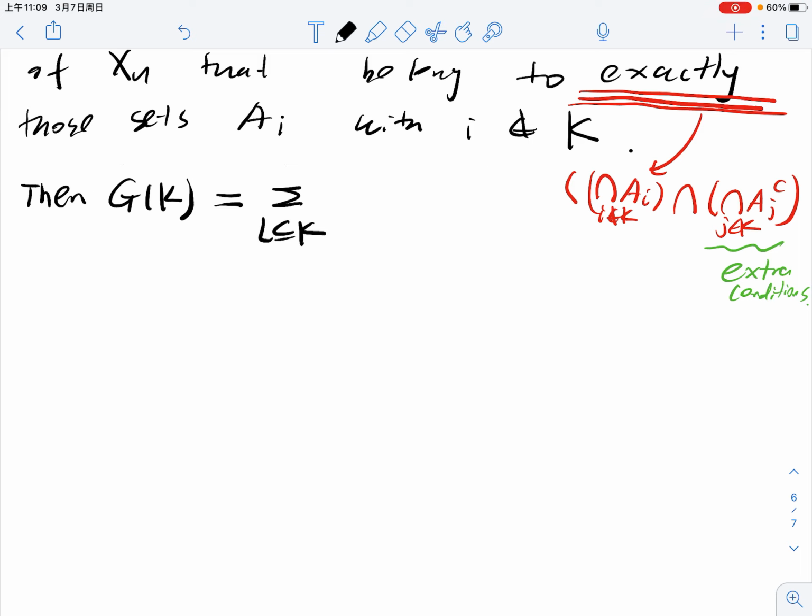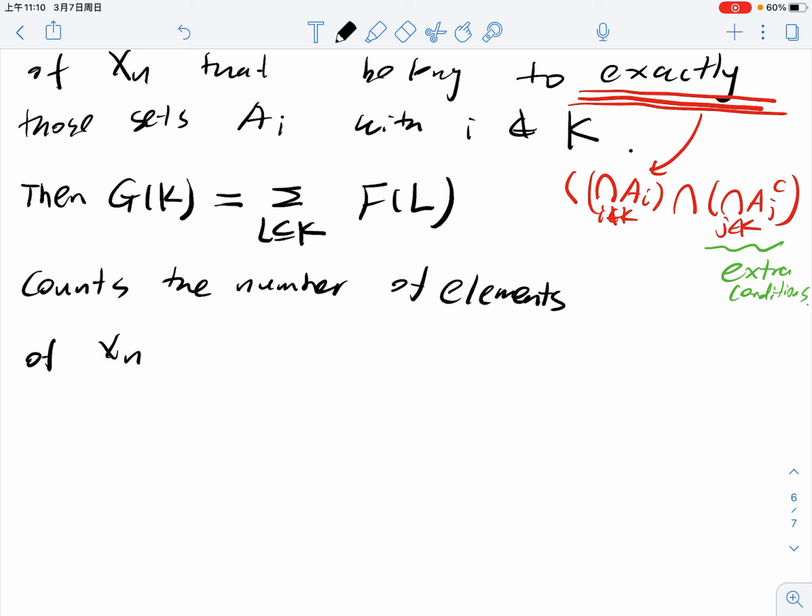So this function actually counts the number of elements of Xn or of S that belong to all of the sets A_i with i not in K. That is, G(K) is the cardinality of the intersection of all A_i for i not in K. And compare these two.